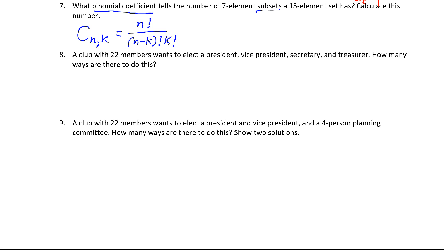Okay, so this is the general formula for C(n,k), and we derive this starting with the P(n,k) formula, the number of permutations, and dividing by k factorial. So this is P(n,k) divided by k factorial, where P(n,k) is the number of k element lists that can be made out of an n element set.